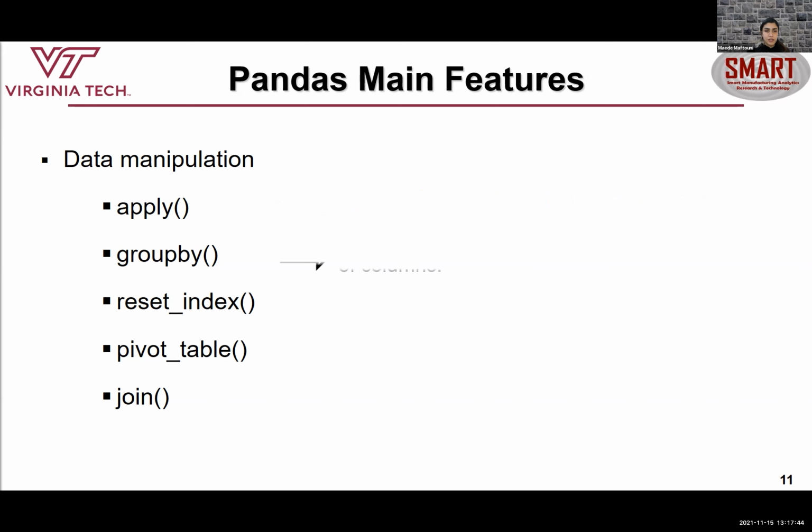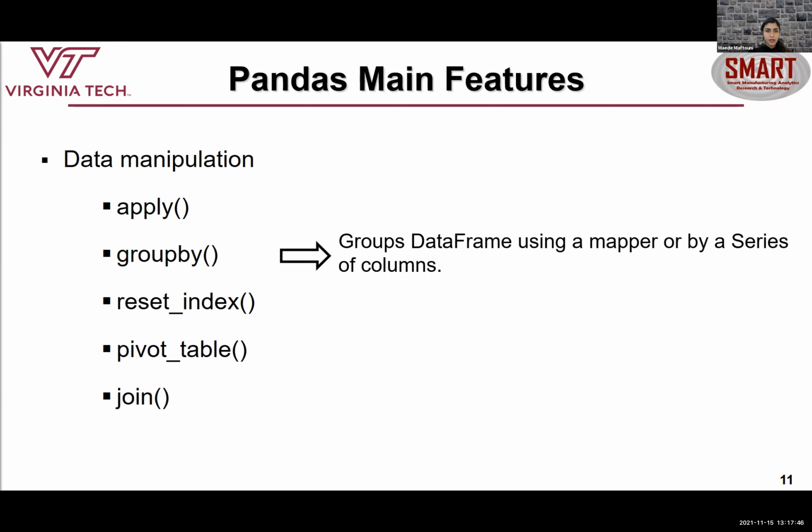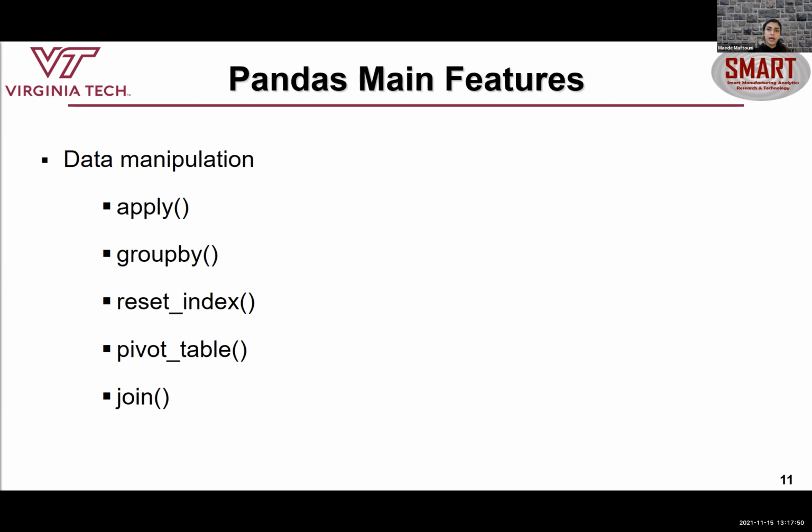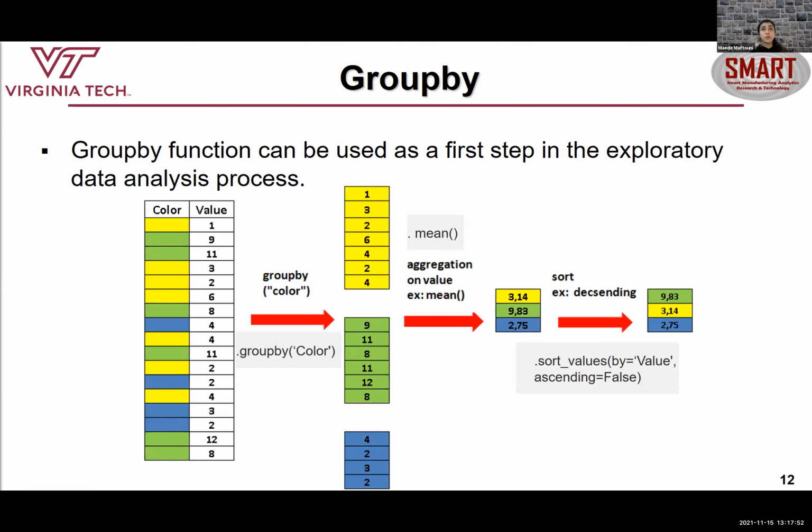And so, to make it easier for you, I want to go to group by, because this gives you a better picture. The group by function can be used as a first step in exploratory data analysis.